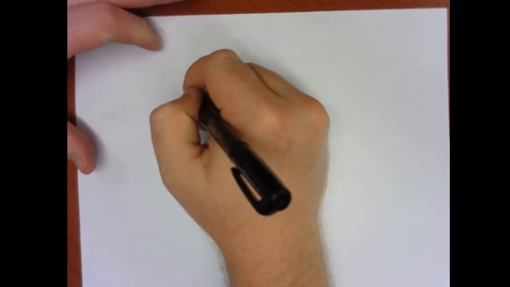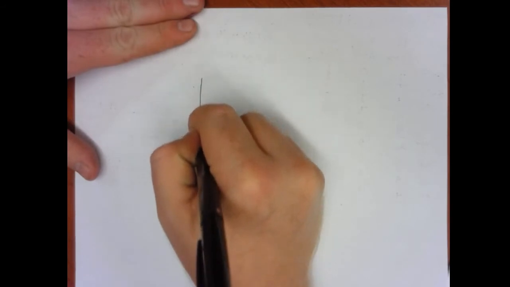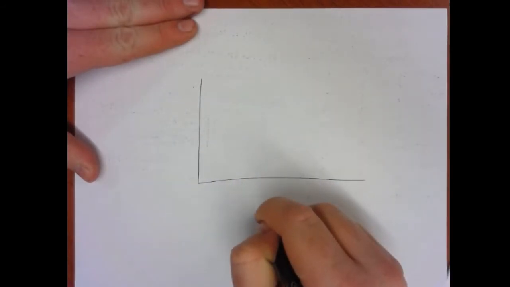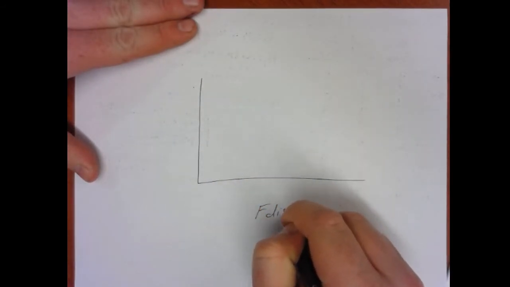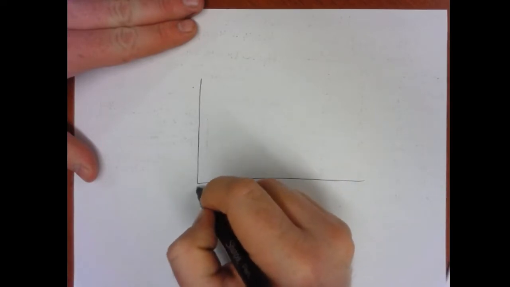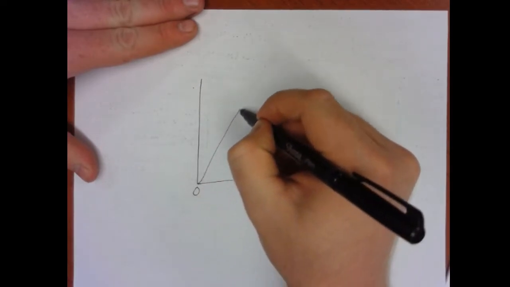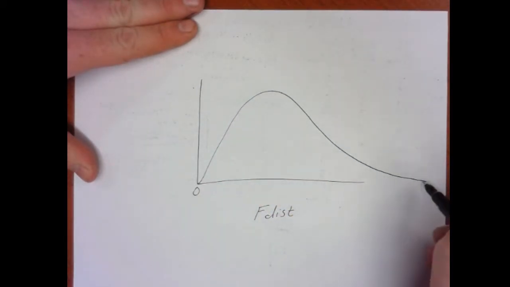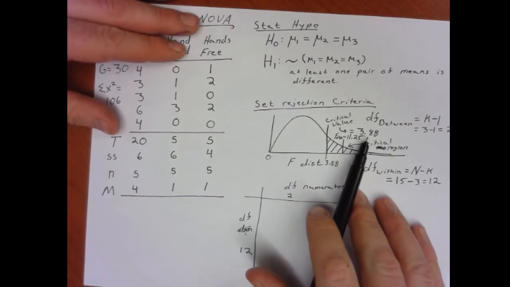If we were to sketch it all out again, here's our F distribution. It's bounded by 0 over here, and then it's positively skewed. We have a critical value that we looked up previously of 3.88.